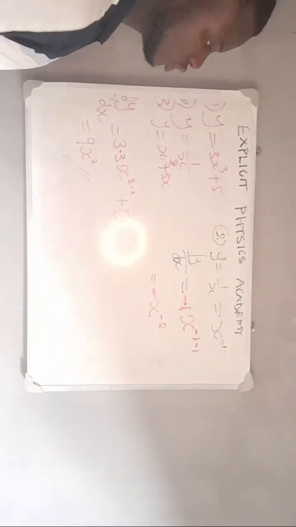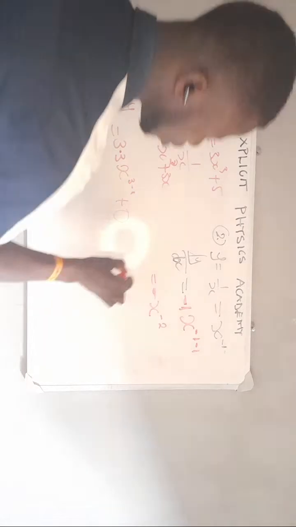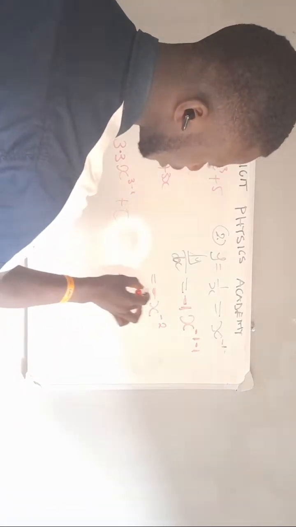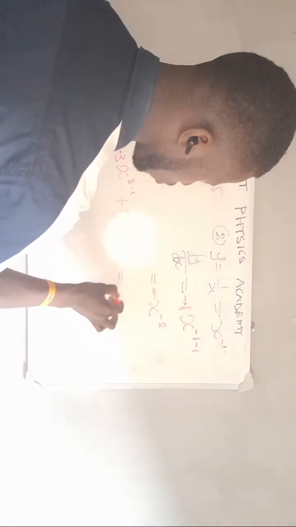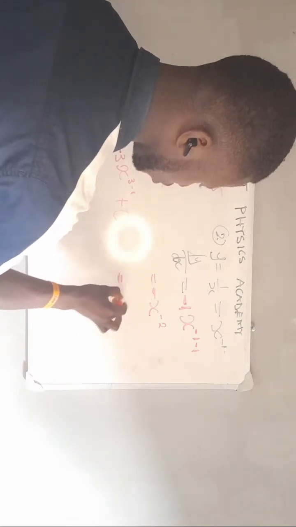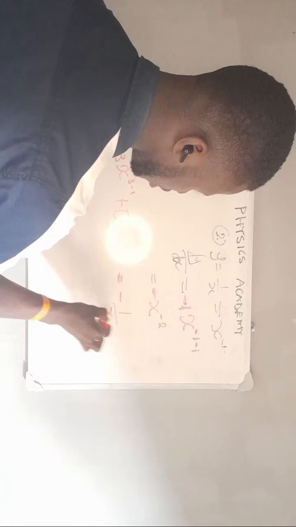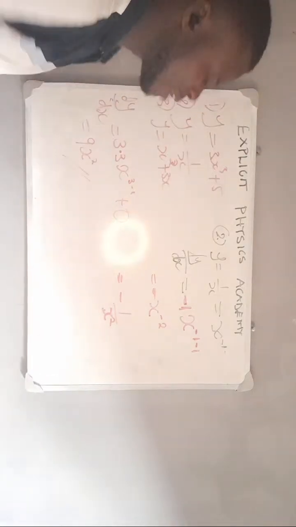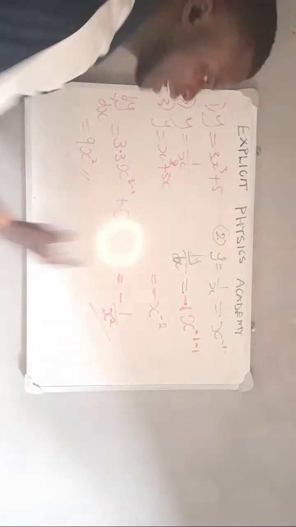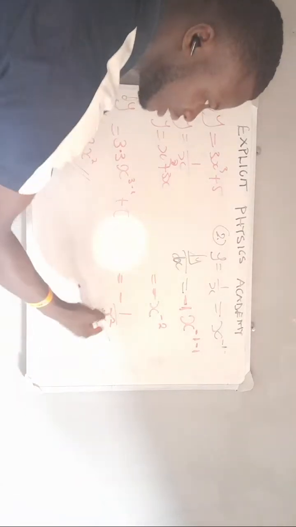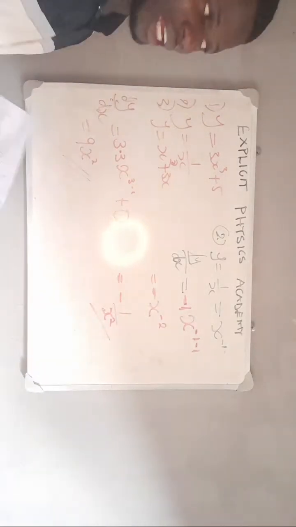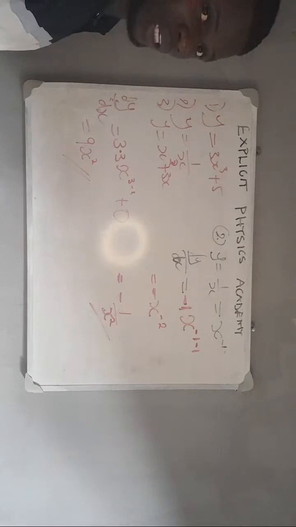And when you do this, we are going to have minus 1 over x squared. Now check the problem we solved initially. You see that they tally here. So check very well. I'm not fast; I'm taking my time to solve so that you understand what we are doing here.